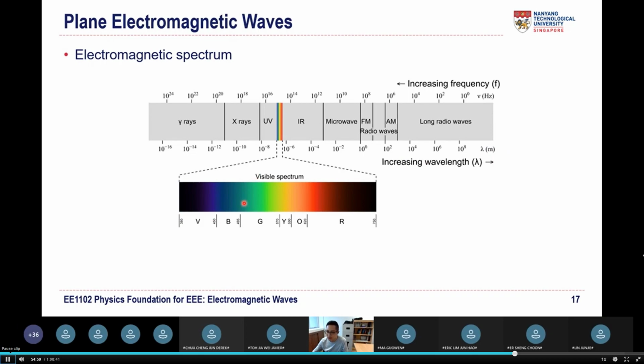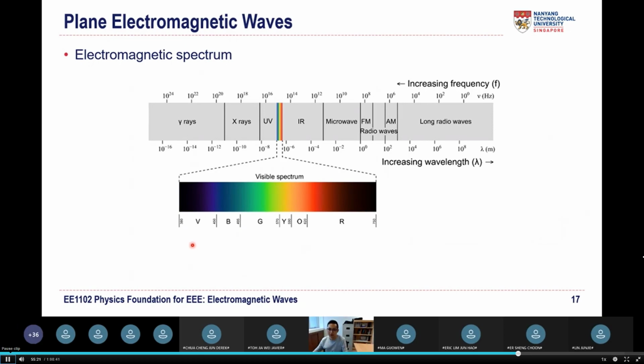Okay, so in fact, the visible range is actually very narrow. What we can actually see is just between about 380 nanometers and 750 nanometers, with 750 being close to red and 380 being close to violet.